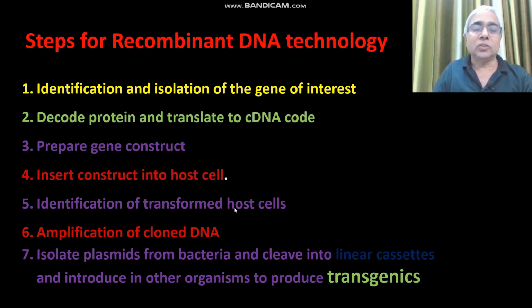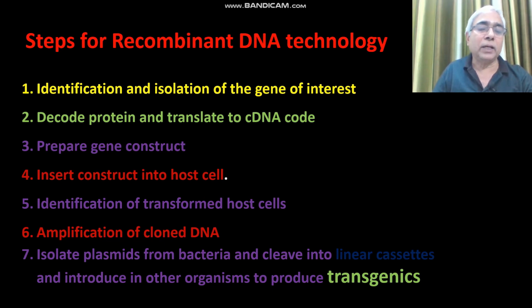Once you are assured that your cells have been transformed, then those cells will be selected and put in a chamber for the amplification of the clone DNA, means for the multiplication of the DNA which you are going to clone.